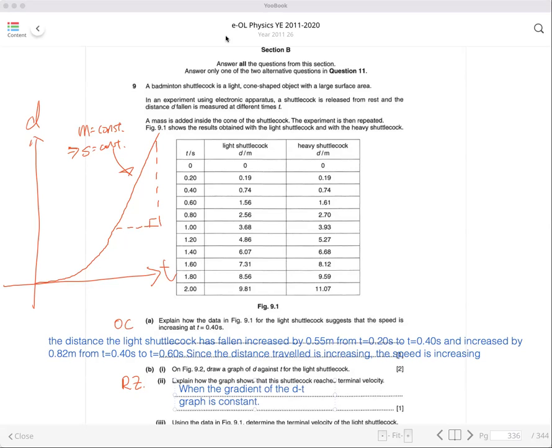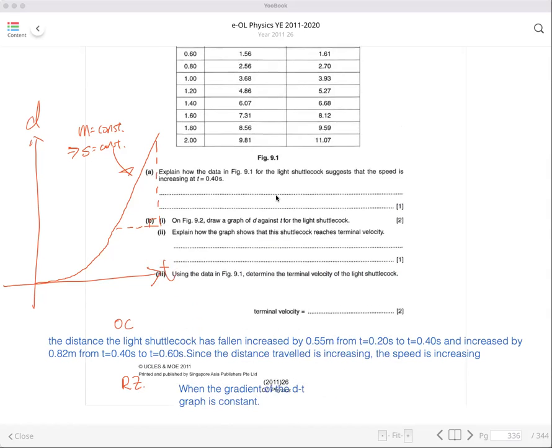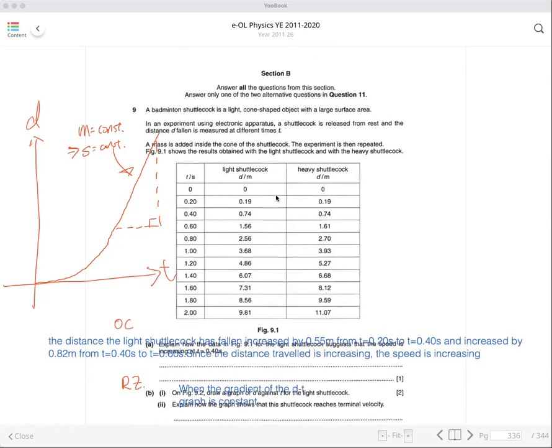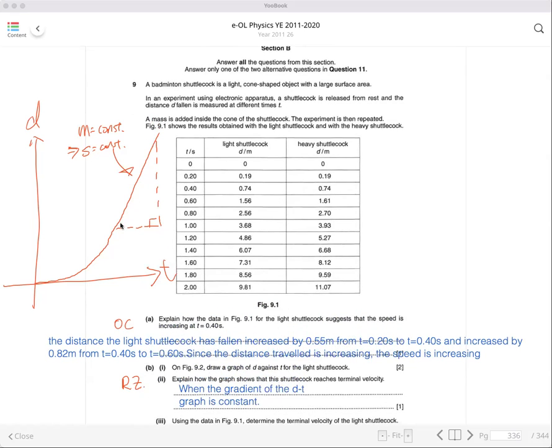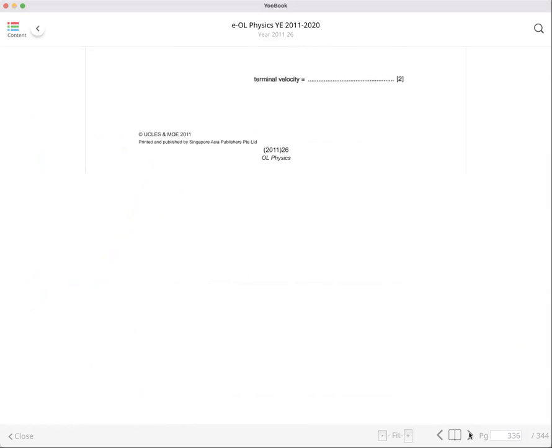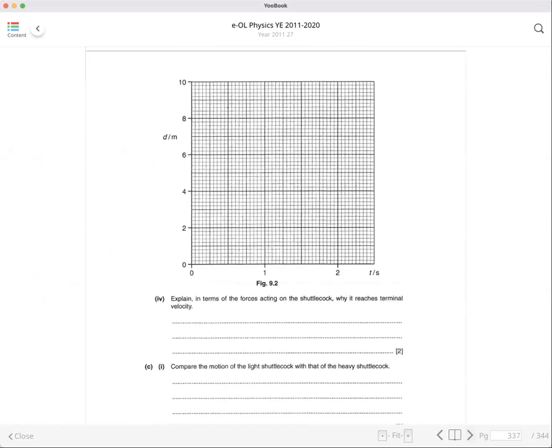Okay, so everybody okay for this? To find the terminal velocity, you look at your graph where it's a straight line, you go and find the gradient. Okay, I'll just skip this. Let's continue to the next question. You're supposed to go and calculate.